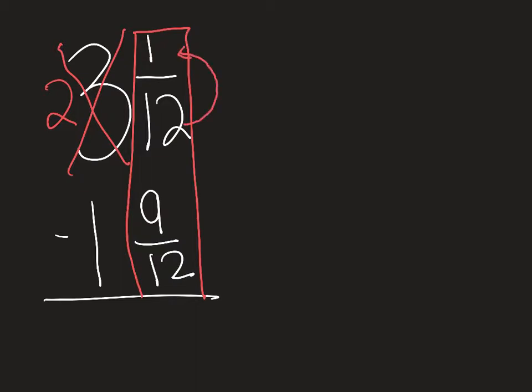So this 1 becomes a 13, because 1 plus 12 is 13. So now I can do 13 minus 9, which is 4. So that's 4/12. And then 2 minus 1, which is 1. Sorry, I wrote 1 but said 2. That's what I wrote, not what I said. And then your answer is 1 4/12.